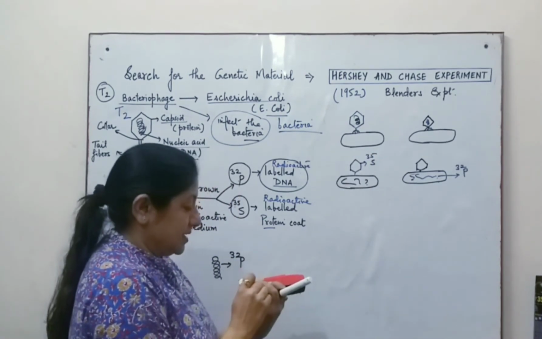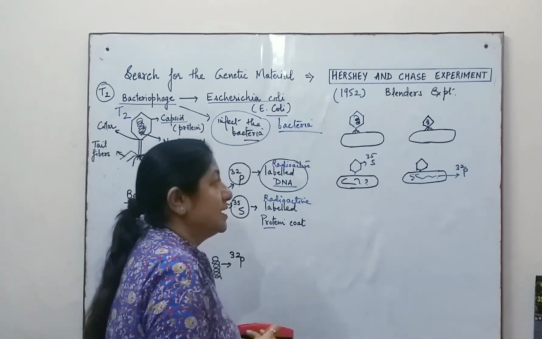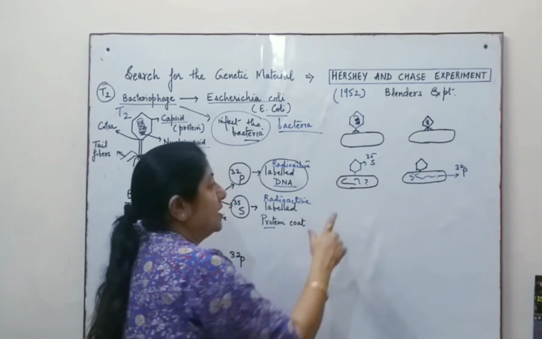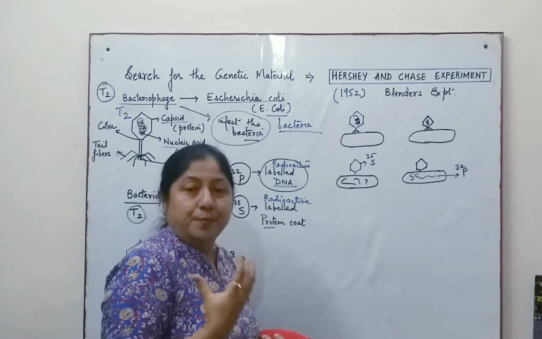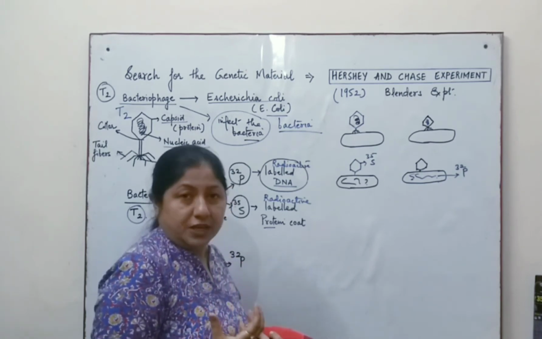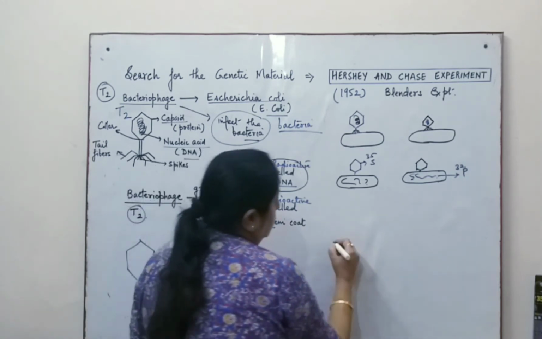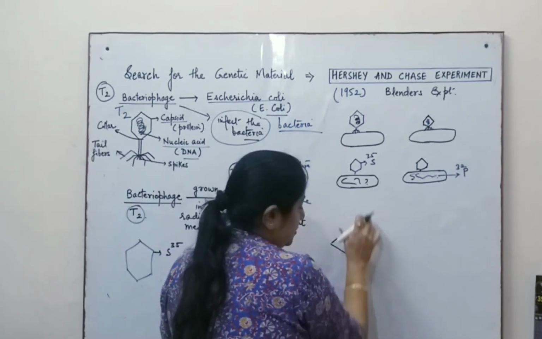Now, when this culture was grown, before the lysis or breaking of the bacterial cell, the two were blended and put into centrifugation, and two different regions were obtained.